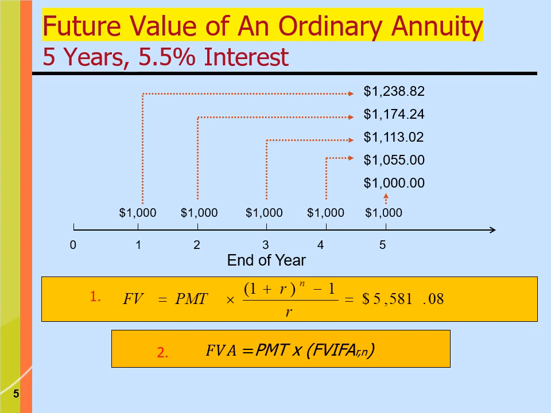This is the example to find the future value of an ordinary annuity. Please refer to the timeline and notice that each cash flow of $1,000 appears at the end of year 1 and end of year 2 until end of year 5.